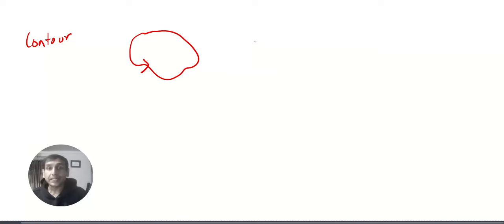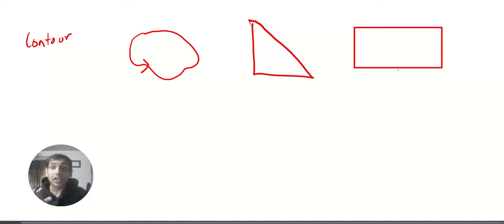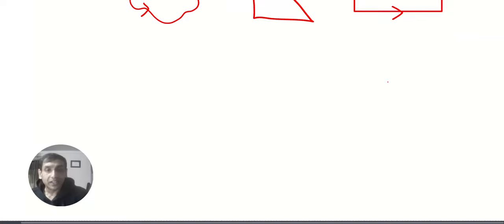Usually in your examination they can ask maybe a triangle or a rectangle. If they ask a rectangle, then it is a headache because you have to integrate 1, 2, 3, 4 times. Just like we did once, we have to do it 4 times and add them up. Anyway, I'm going to give you a very simple contour.